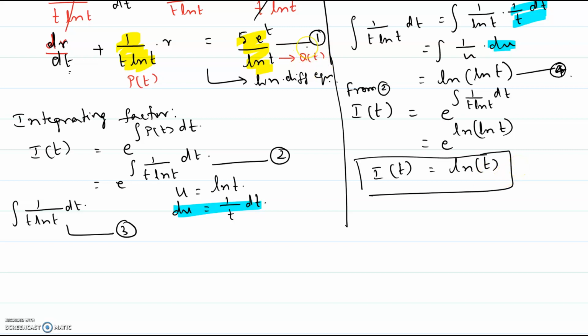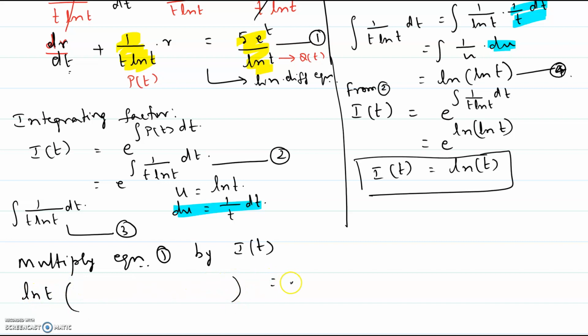So we will take equation 1 and multiply it by the integrating factor. We get ln of t multiplied by the left-hand side of 1 equal to ln of t multiplied by the right-hand side of 1.